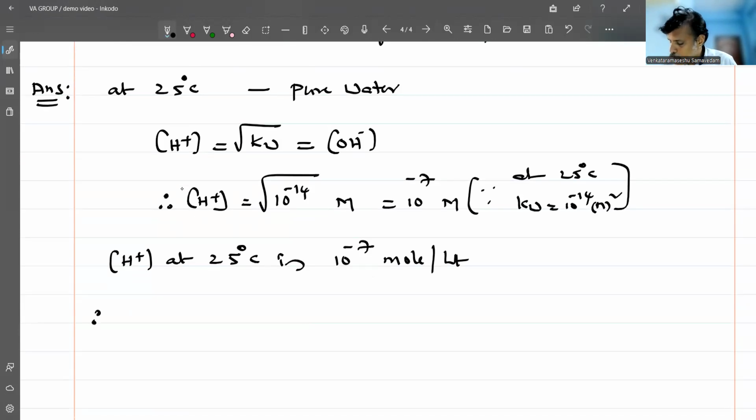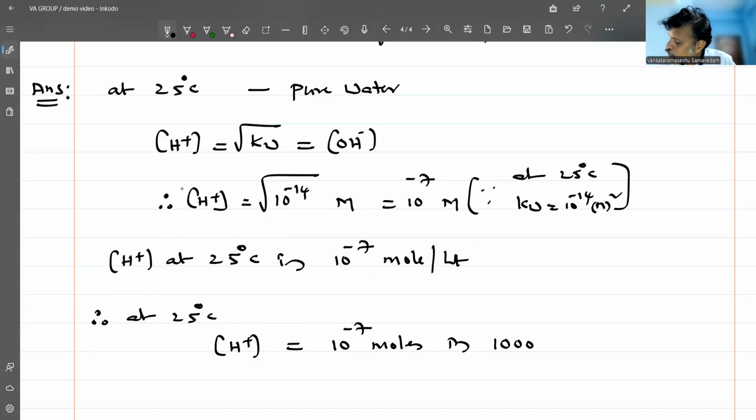Therefore, at 25 degrees centigrade, H plus ions concentration is 10 to the power of minus 7 moles in 1000 ml of water. That means 10 power minus 7 into Avogadro number of H plus ions in 1000 ml of water.